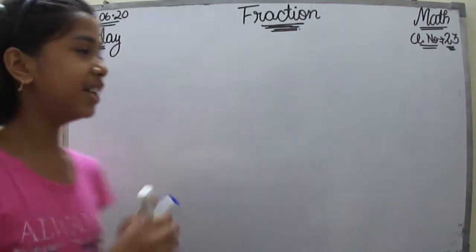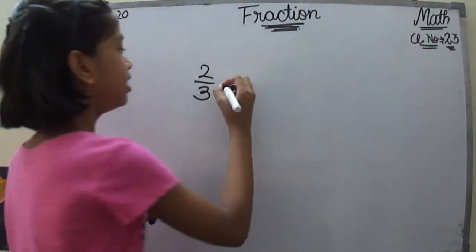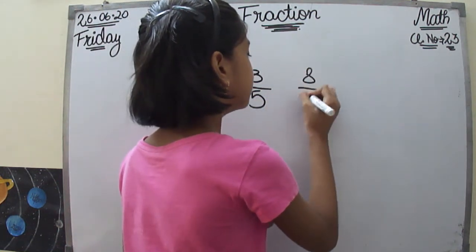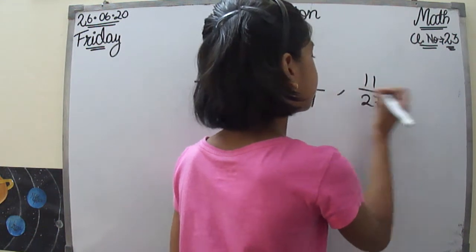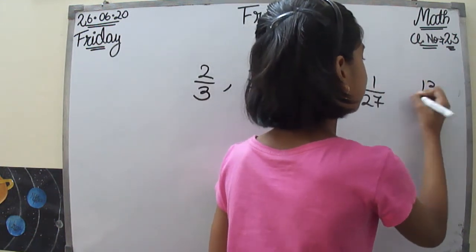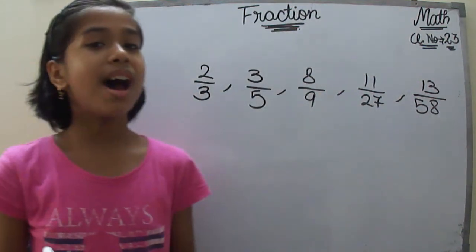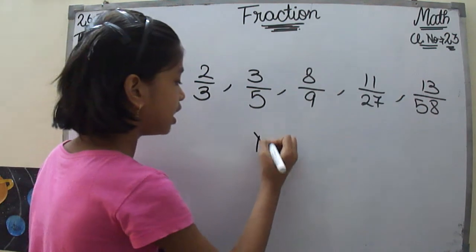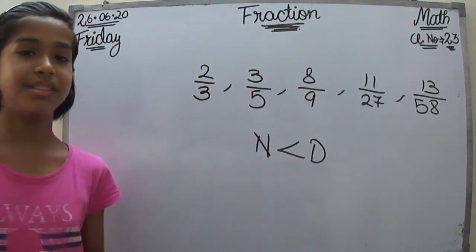For example, 2 upon 3, 3 upon 5, 8 upon 9, 11 upon 27, 13 upon 58. All of these are proper fractions as the numerator is smaller than the denominator.